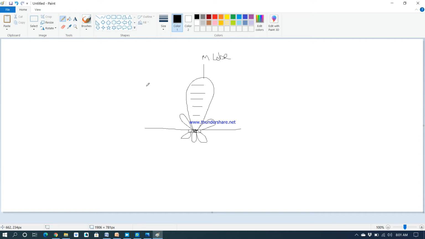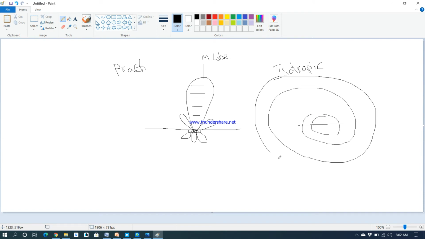This is a practical antenna. But what about an isotropic antenna? In the last class I told you about the isotropic antenna, which is ideal. An isotropic antenna radiates uniformly in all directions, so you can't find these kinds of lobes. In three-dimensional view, it radiates uniformly in all directions.